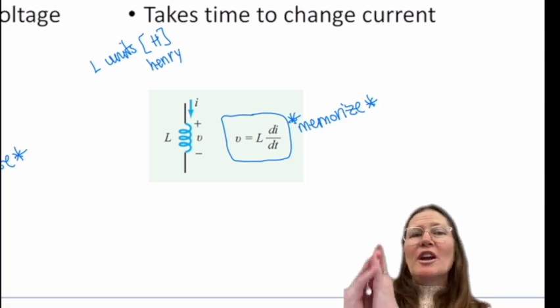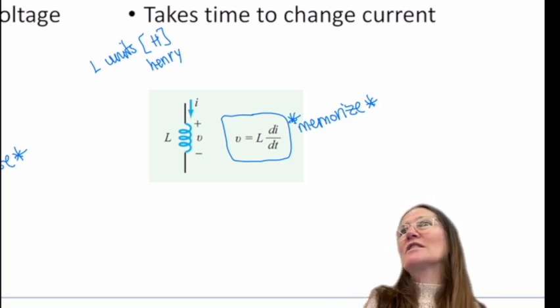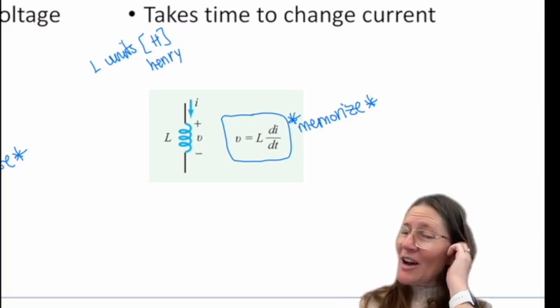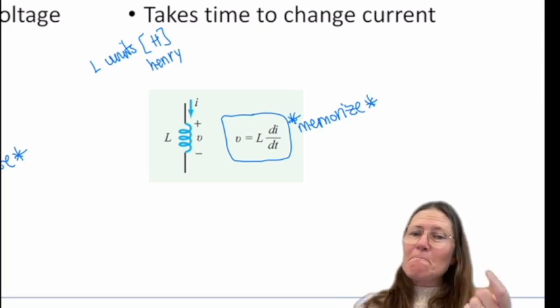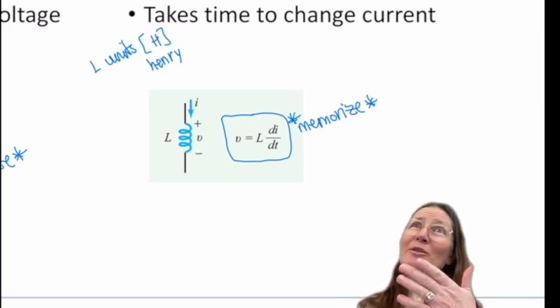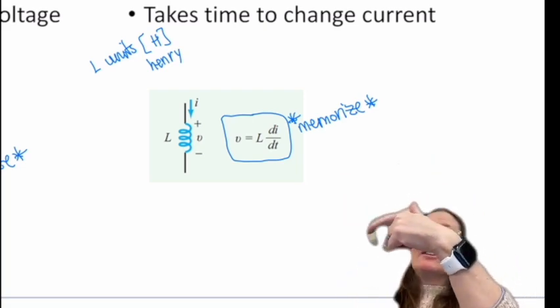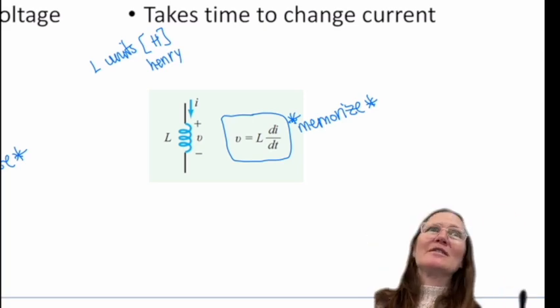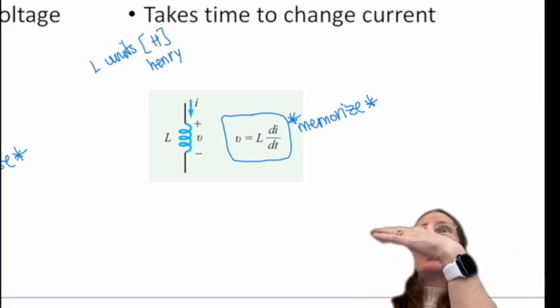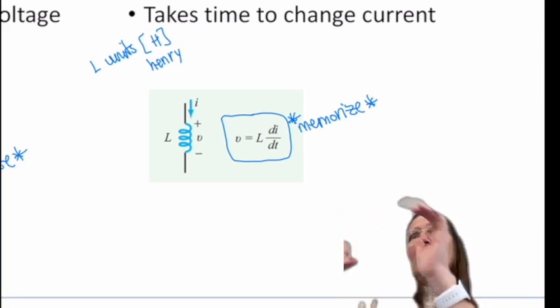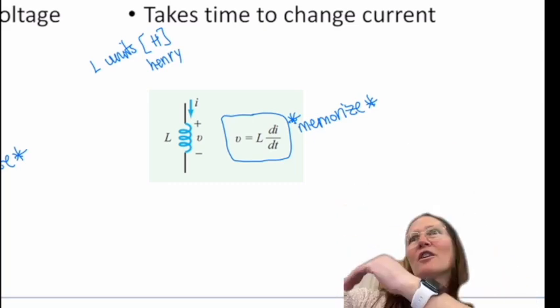And so it creates this field and it creates this current flow. And so it's kind of like if you think about it as water and current as water, it's kind of like a water wheel. But instead of a water wheel, it's current that's going on. So it's moving the current this way, or it could actually move it the other way. So it can go both directions depending on which charge is where on the inductor.